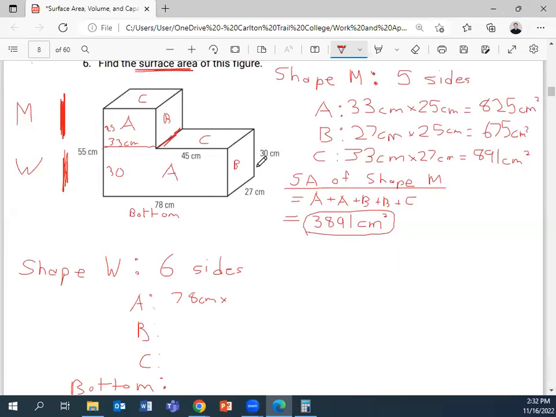You betcha, 30, right? The 30 over here works over here as well. So 78 times 30 is going to give me 2,340 centimeters squared.